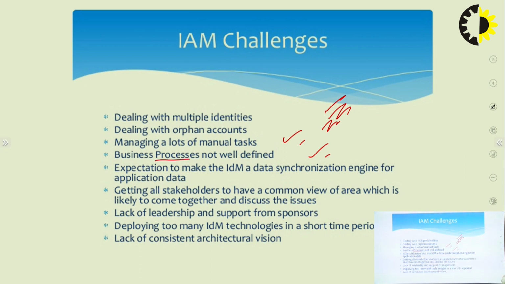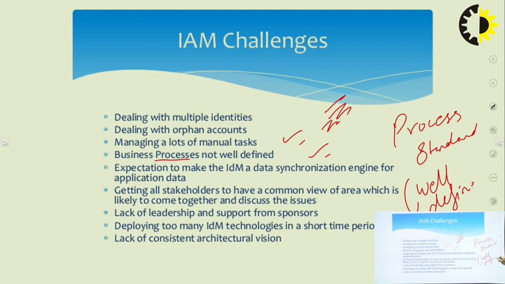When we are talking about any particular standard, it needs to be well defined in advance. Currently business processes are not properly defined, and that is why this type of issue comes into the scenario.